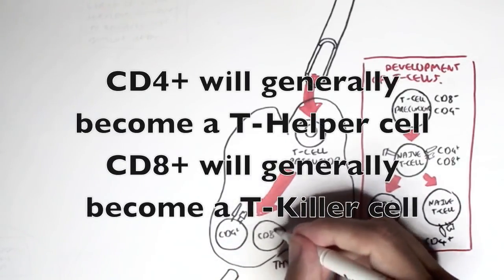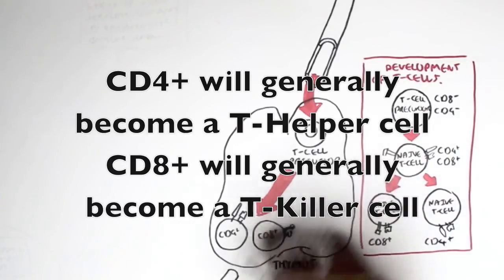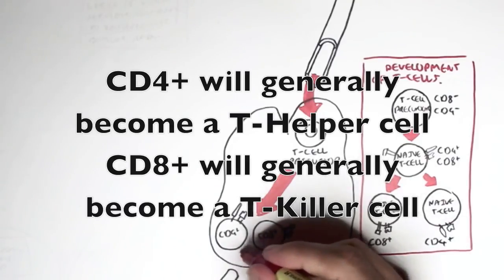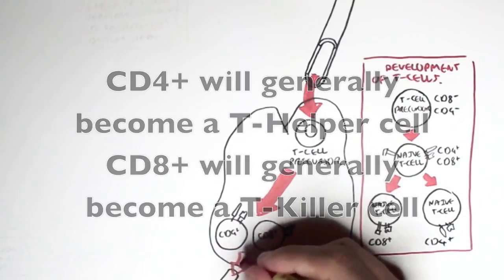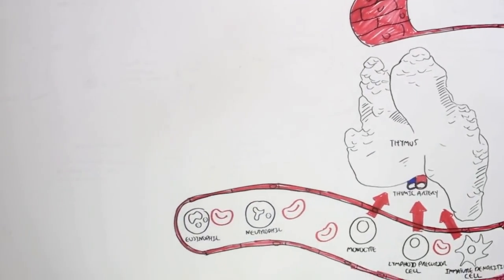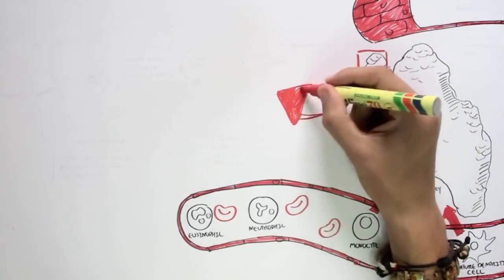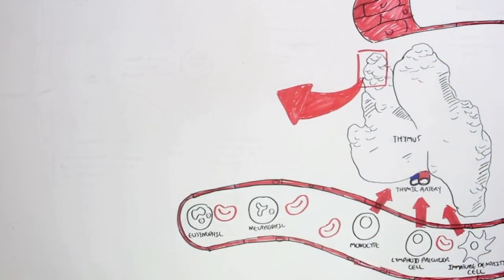Now let's look at the immunology map and see how this T cell development occurs in a bit more detail. So this is where we last stopped off, where the cells such as the monocyte, dendritic cell, immature dendritic cell, and the lymphoid precursor cell migrates or moves into the thymus.